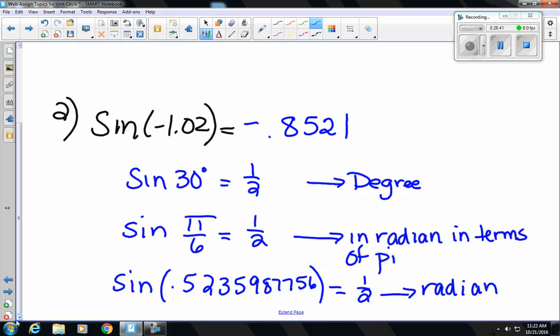Pi divided by 6 gets you this number. The sine of that number is still 1/2. It's 3 different ways of expressing the same angle. One is in degree, one is in radian in terms of pi, and the other one is just radian. You follow? The pi has been multiplied or divided.